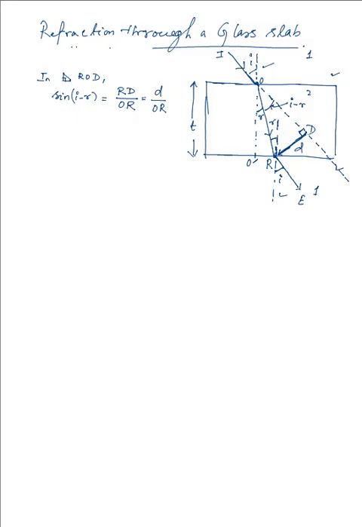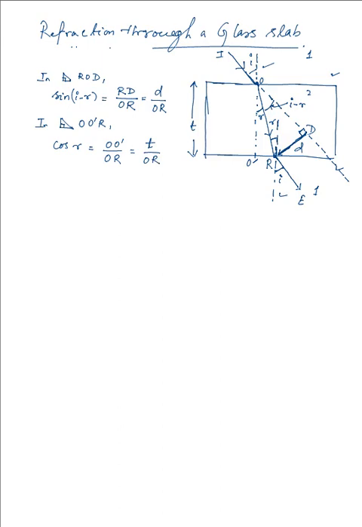Then we have another right angle triangle O dash R. In that right angle triangle you have an angle r, and cosine of r is equal to the base OO dash over the hypotenuse, which is the common OR side. OO dash, as you know, is equal to the thickness of the glass slab, which is t, and OR is the hypotenuse that we have taken.